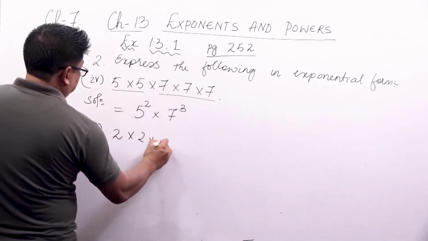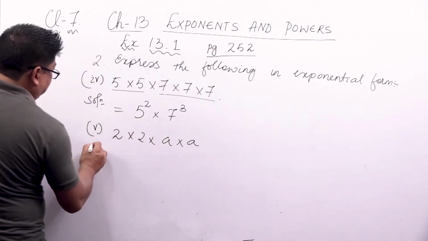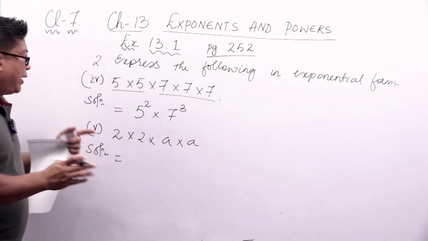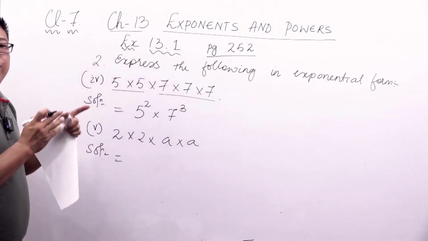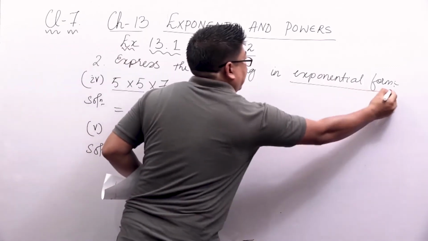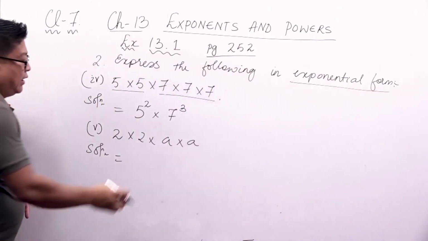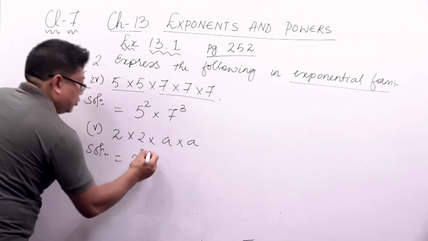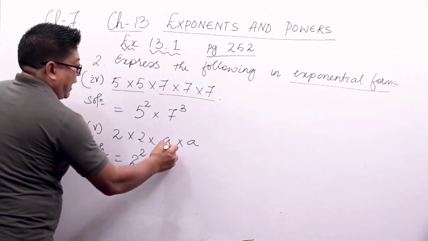2 into 2 into a into a. So I have already mentioned earlier, we're not going to multiply them, we're going to write them in the exponential form. All right, so 2 into 2, we have two 2s, that means 2 to the power 2. Into a.